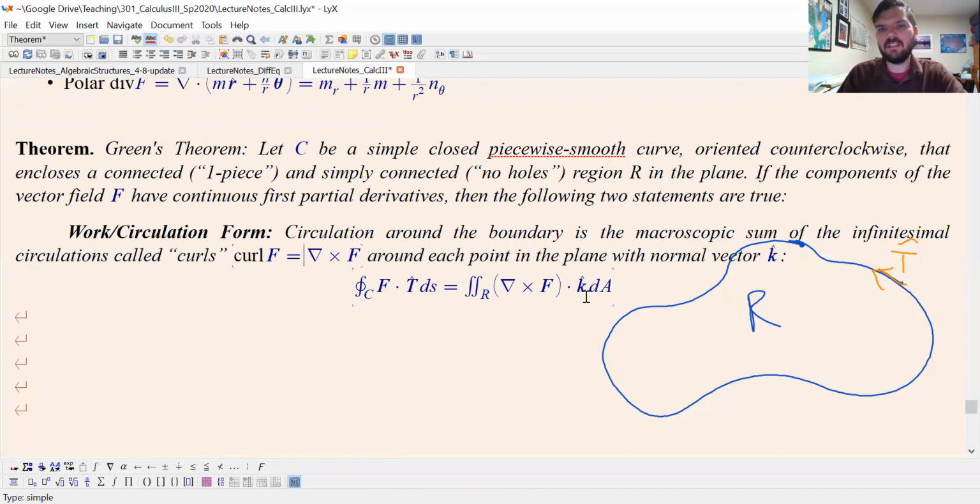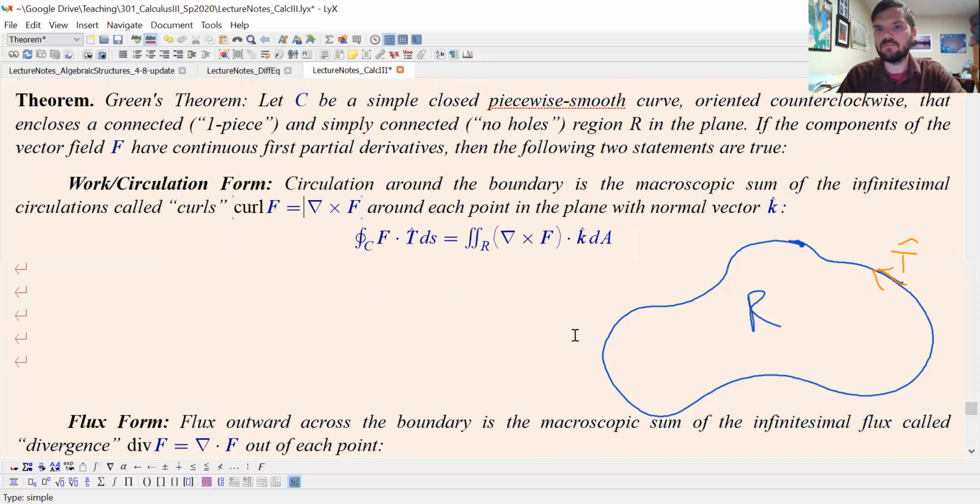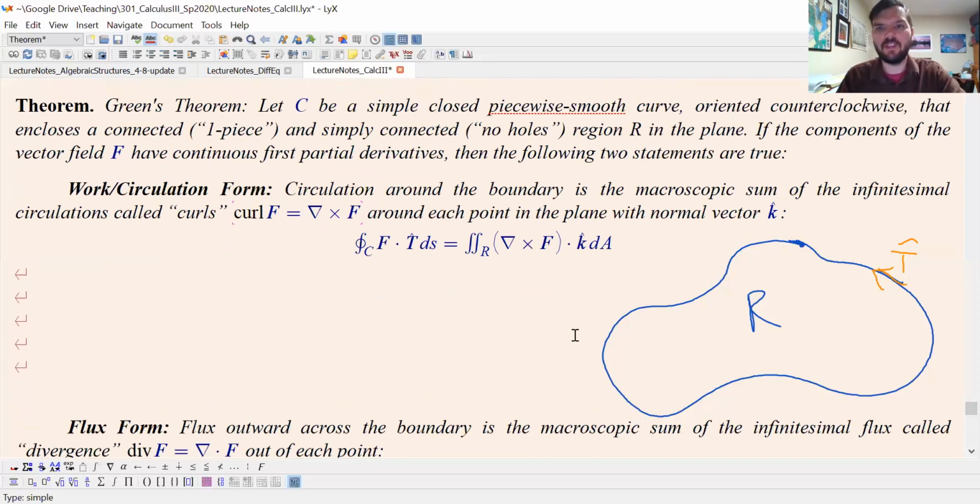So that dotted with k hat is not part of the curl definition. It's actually part of how we measure that curl in the double integral. So to think about this, let me draw some pictures, some little curls.